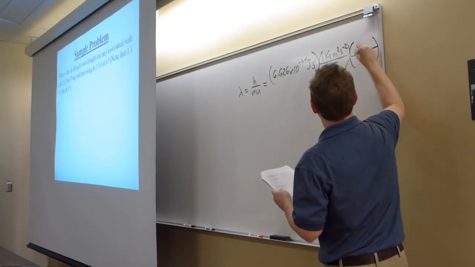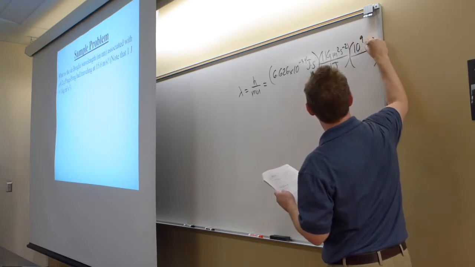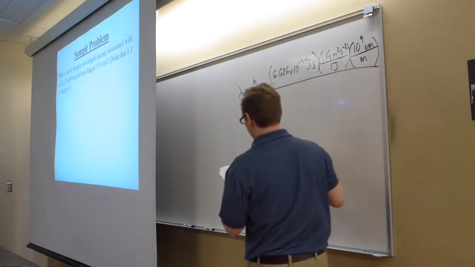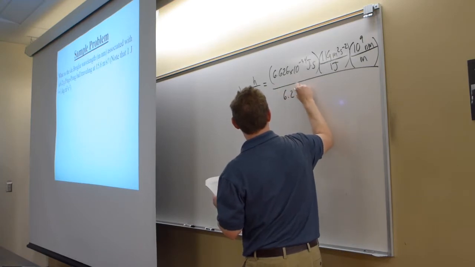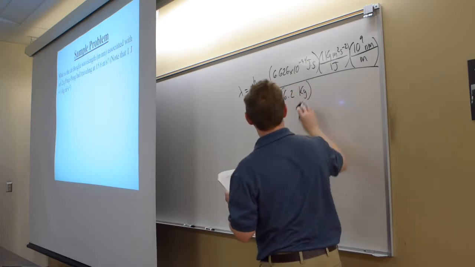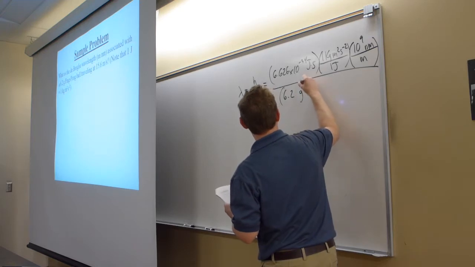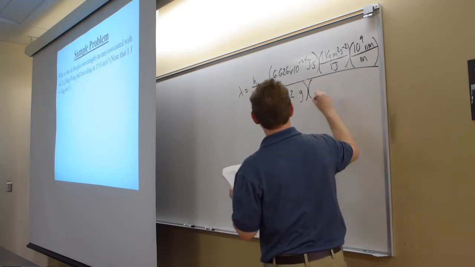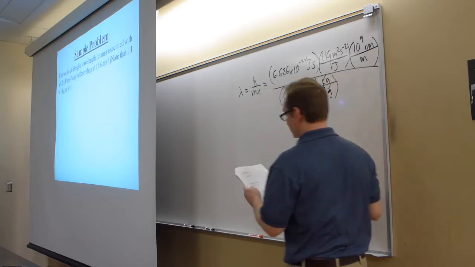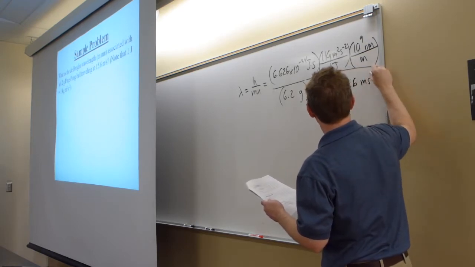And since we want this in nanometers, we know that we want 10 to the 9th nanometers equals a meter. And all that divided by 6.2 kilograms, excuse me, 6.2 grams. And we know that there's 1,000 grams in a kilogram. And the velocity was 15.6 meters per second.